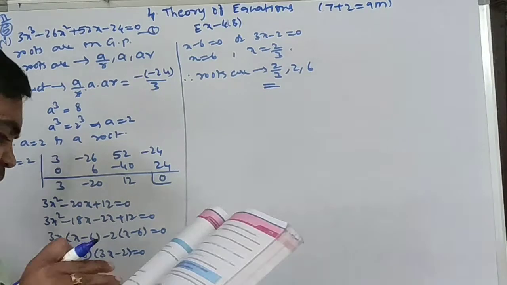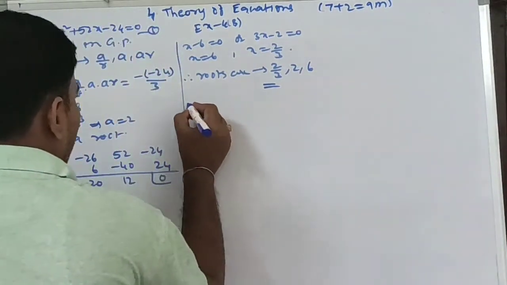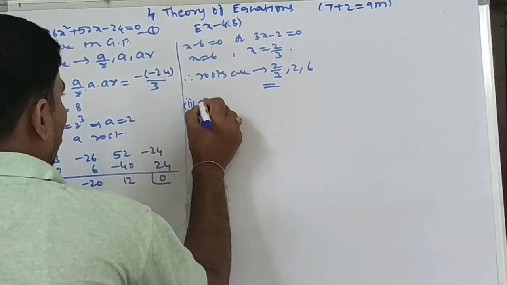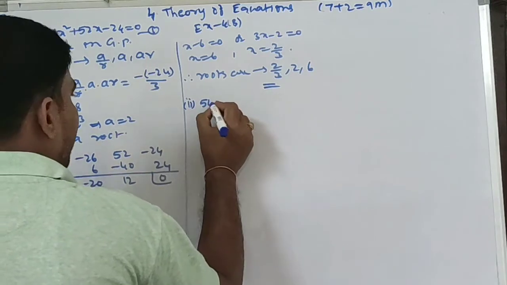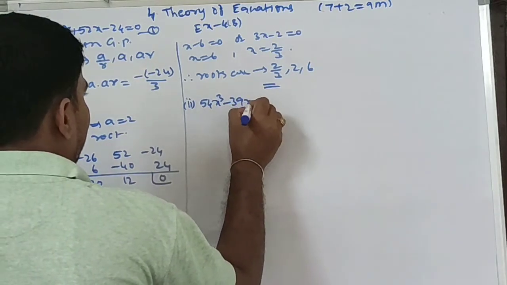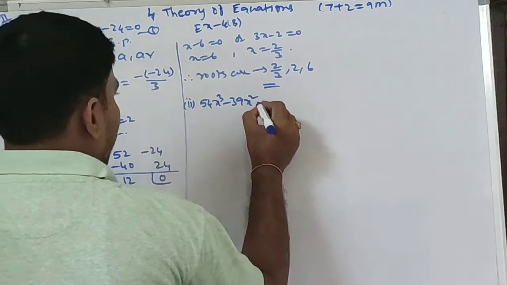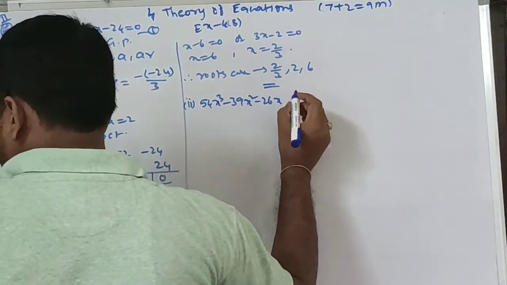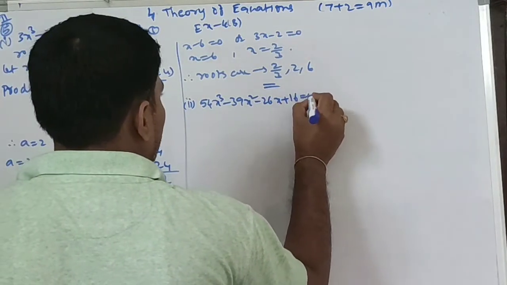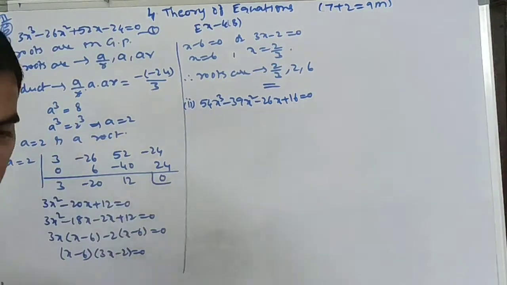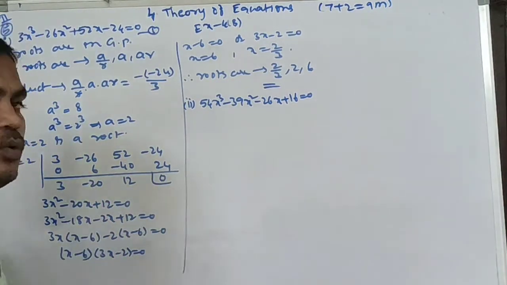Next, second: 54x³ − 39x² − 26x + 16 = 0. This is the equation, and we need to find the roots.